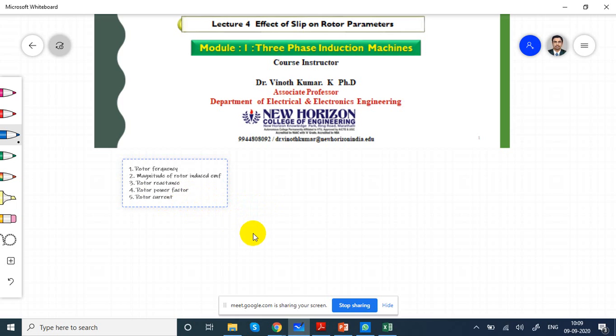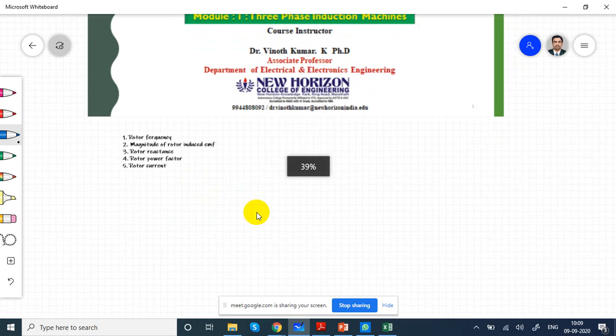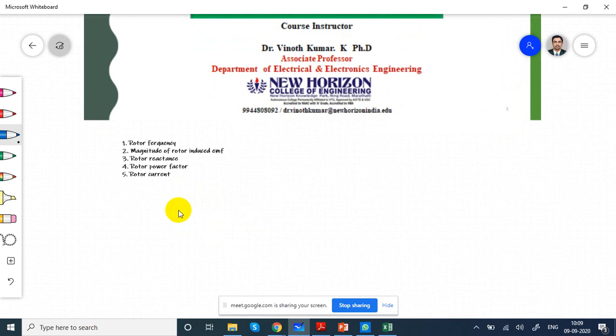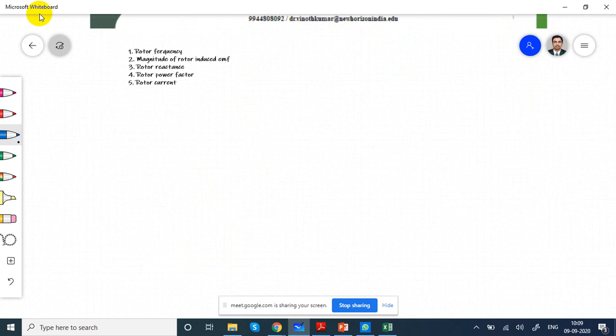Now we will see step by step what the parameters are. The first parameter is rotor frequency.